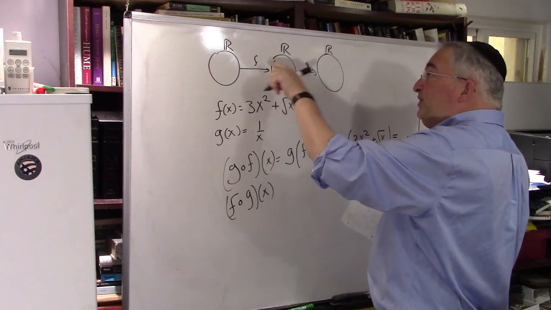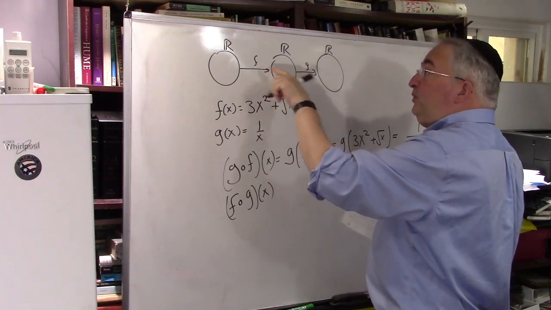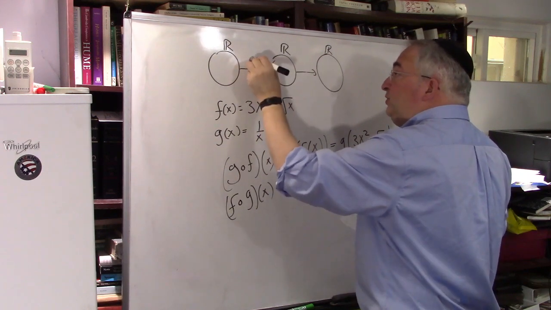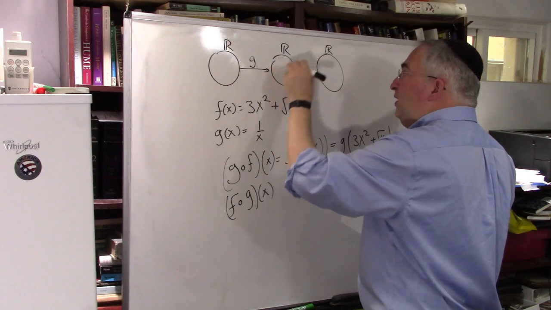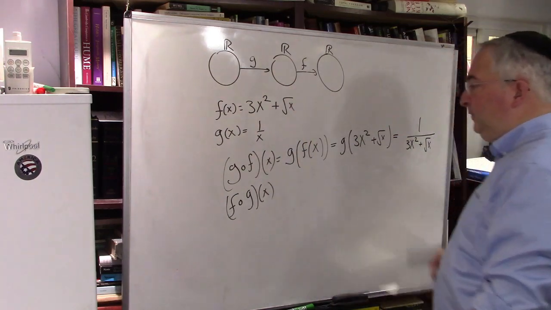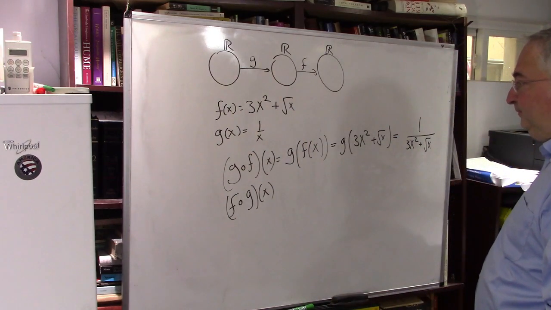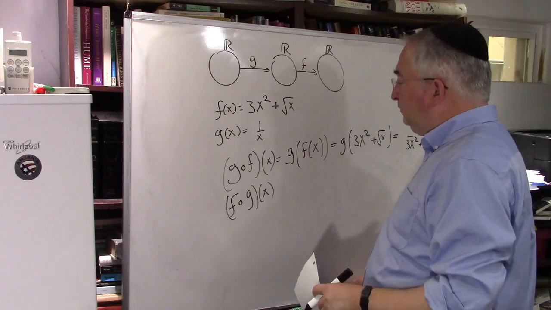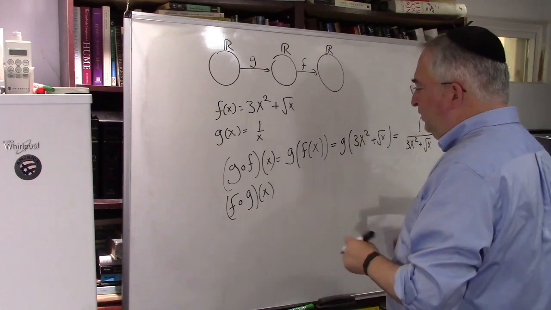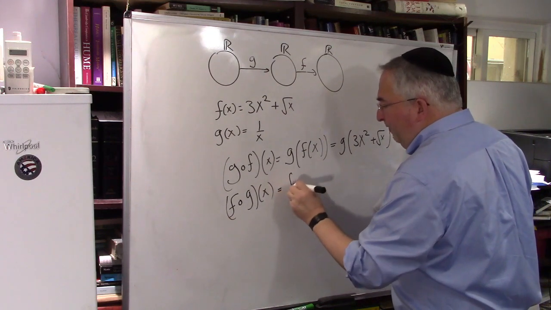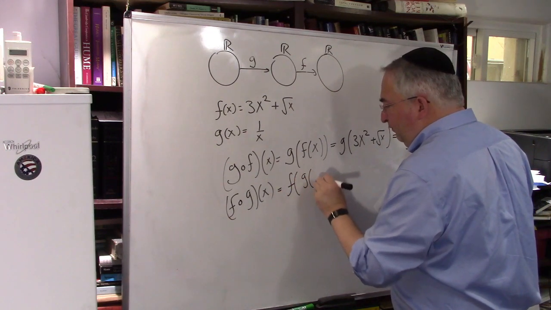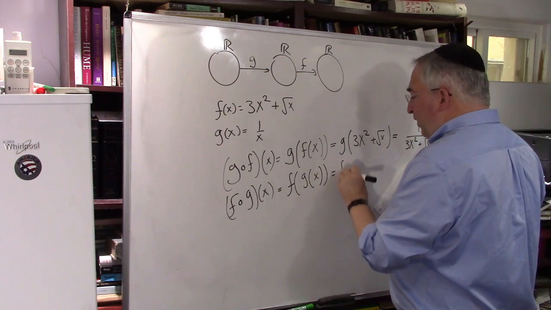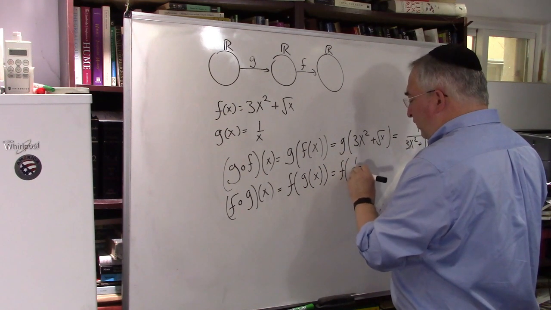Since they both come from the real numbers and go to the real numbers, we can do this also: f composed g. Okay, so let's do this. This is equal to f of g of x, okay, which is equal to f of 1 over x.